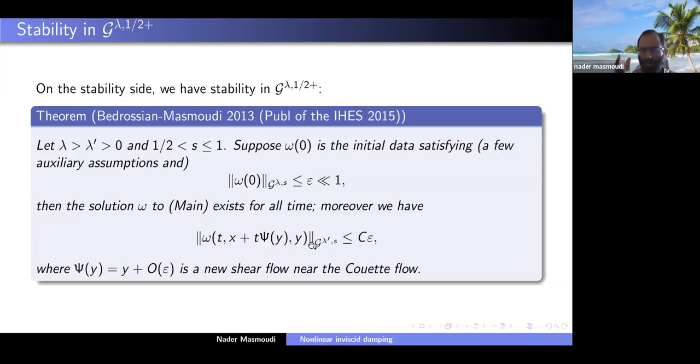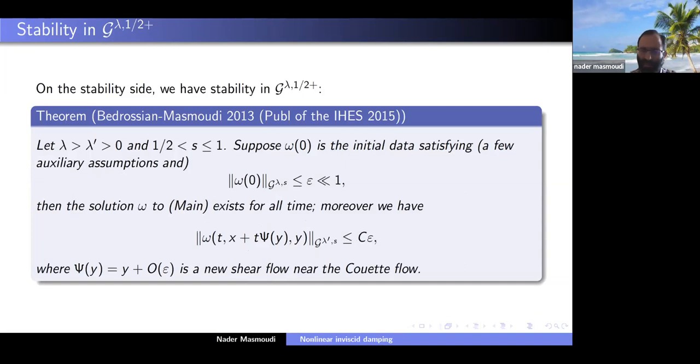It's like the loss on the radius of analyticity when one considers analytic functions. But to get this, one needs to modify the coordinate system a little bit. It will be clear why we need to take this into account; even at the linear level, this is completely needed. So this is the result with Jacob.